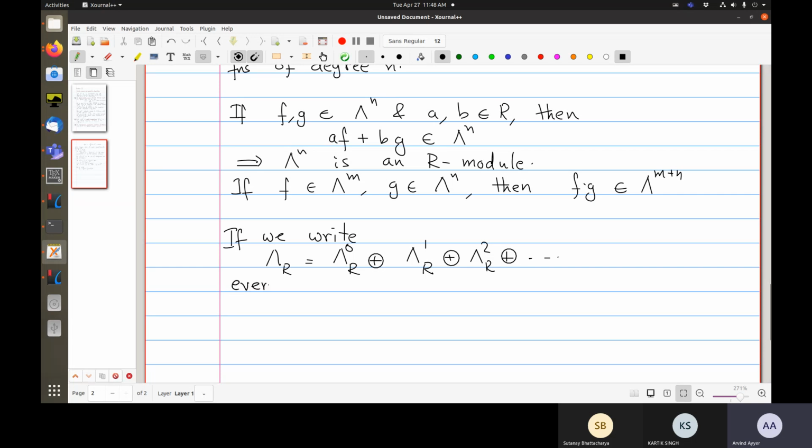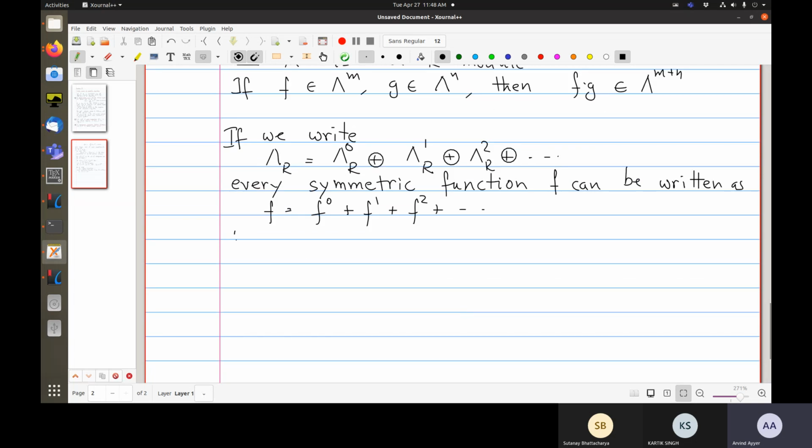Every symmetric function, which is not necessarily homogeneous, f can be written as f equals f0 plus f1 plus f2 plus etc., where fi belongs to lambda i r.